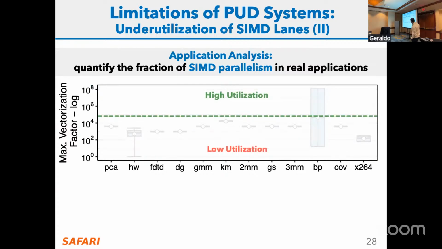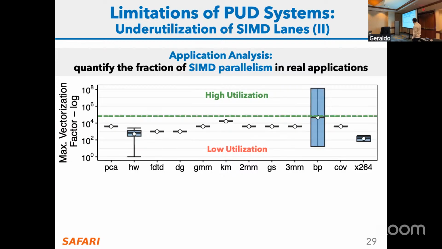We collect these vectorization factors in loops of 12 different applications from different domains. So those are matrix operations, convolutions, image and video decoding, PCA for data mining, and some stencil operations.